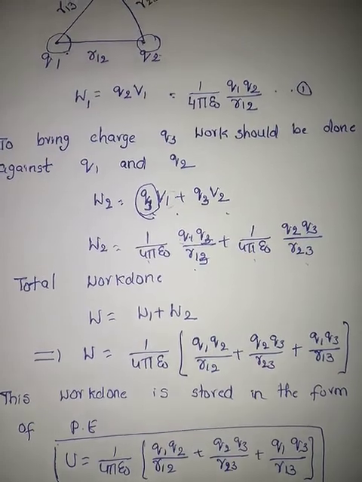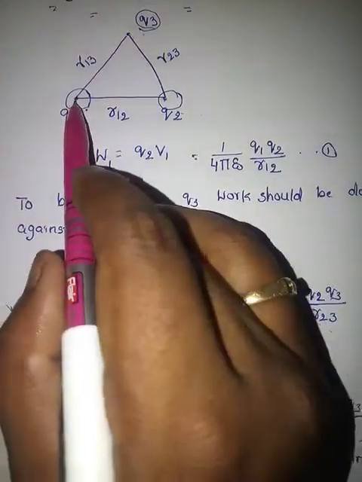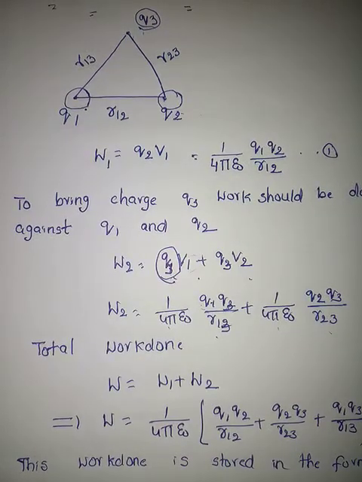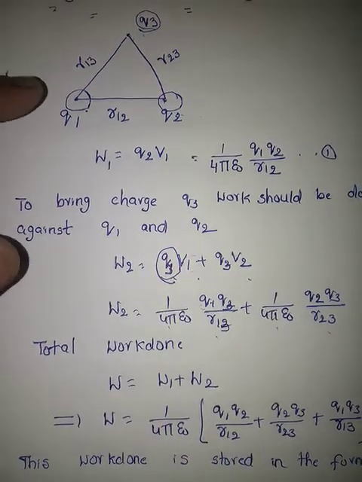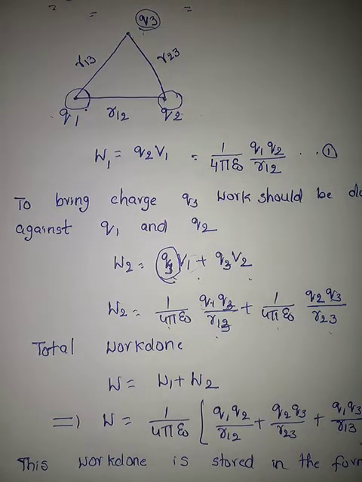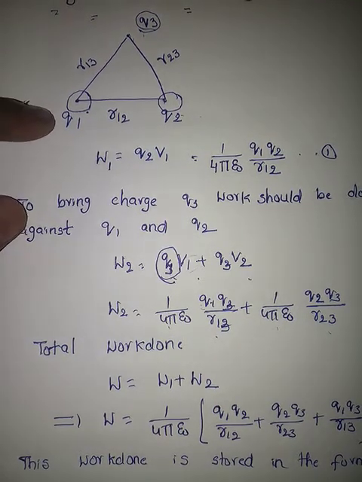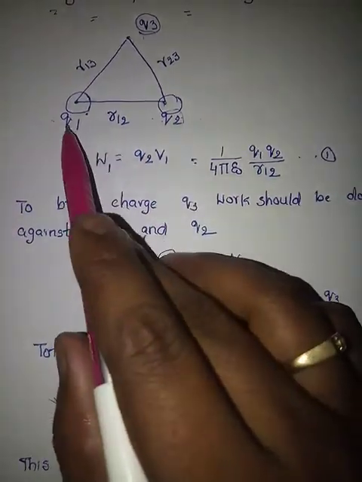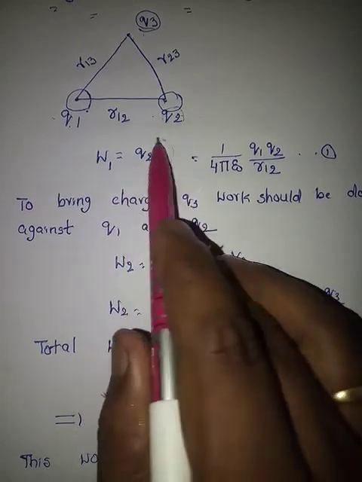Is it clear? So here what we have done? Initially there is no charge present. To form a system of 3 charges, we need to do work. We have to bring the first charge. Since there is no electric field due to charges, work done is 0. Now I bring a charge Q2. The work done is Q2 into V1.